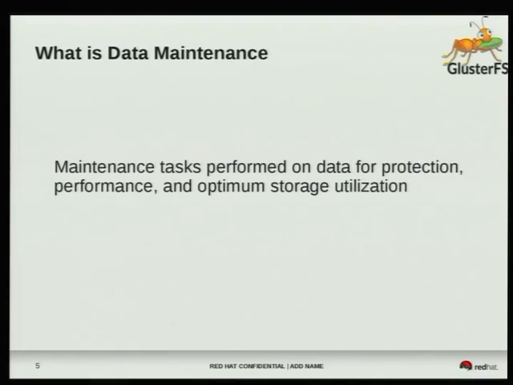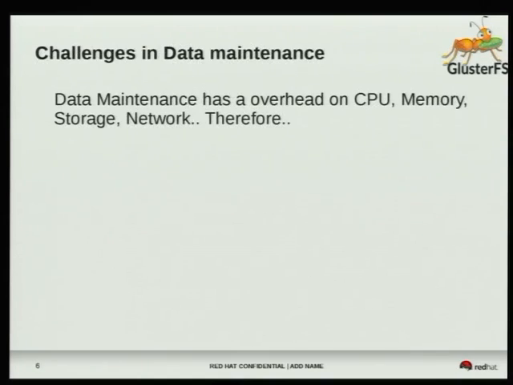Now, there are many other data maintenance tasks that you can run. One thing that is common in all of them is they are heavy. You don't run them very often. They are heavy on your CPU, memory, and network because it's clustered. Now, you can't change the nature of the beast.